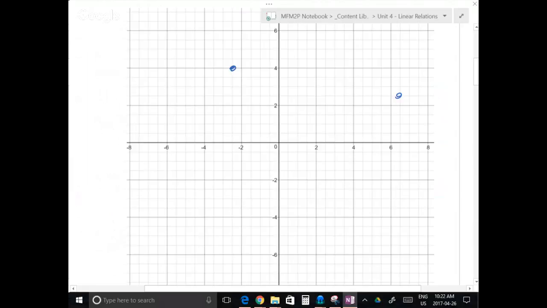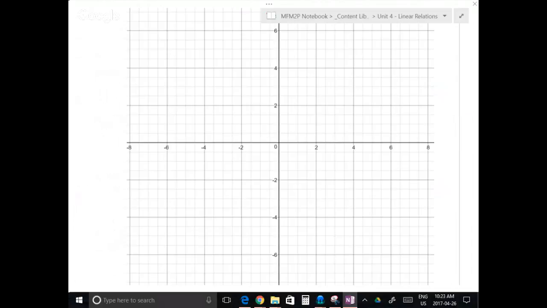Sure, just connect them. 2 points is enough information to make a line. That is the absolute bare minimum amount of information I can give you to get a line.